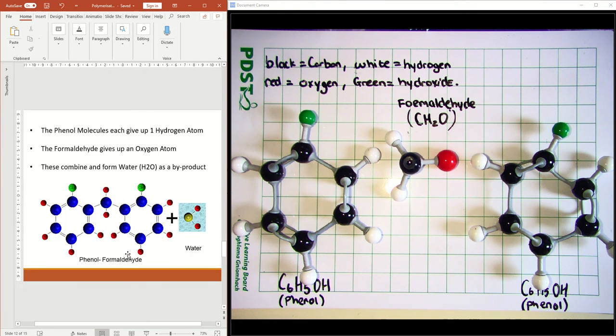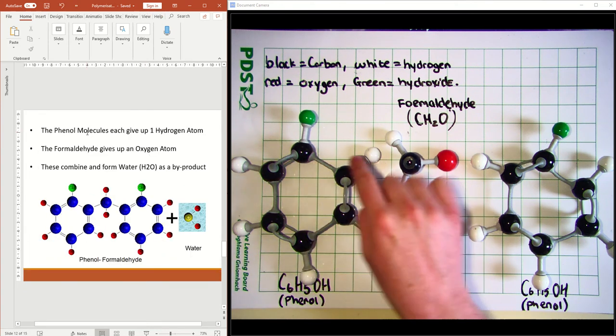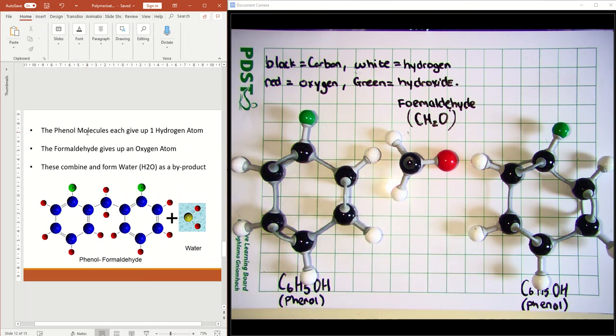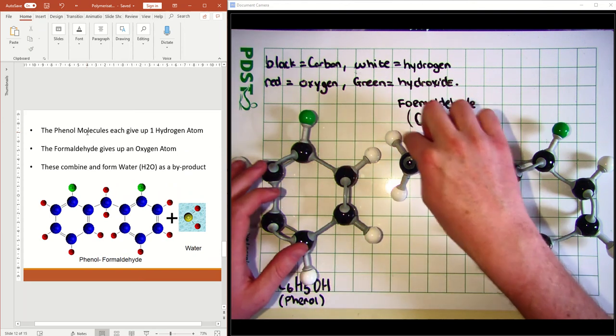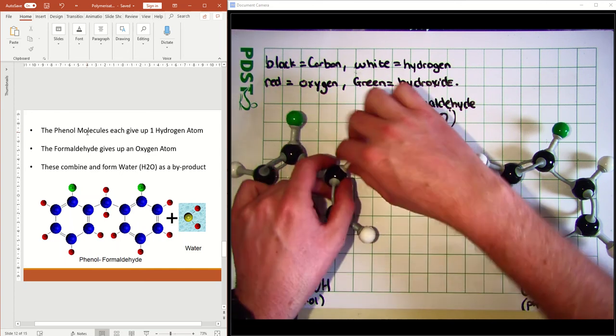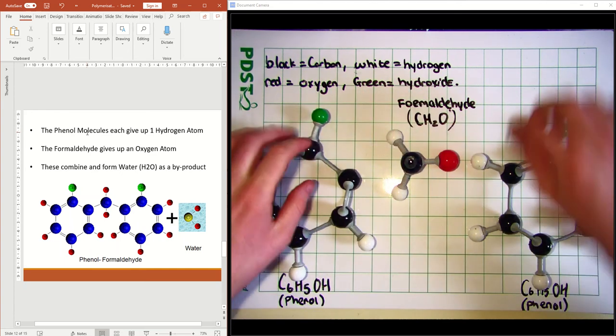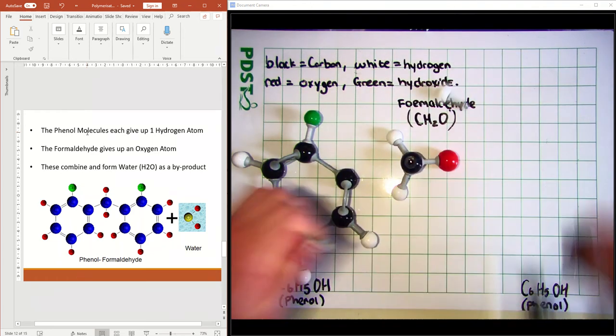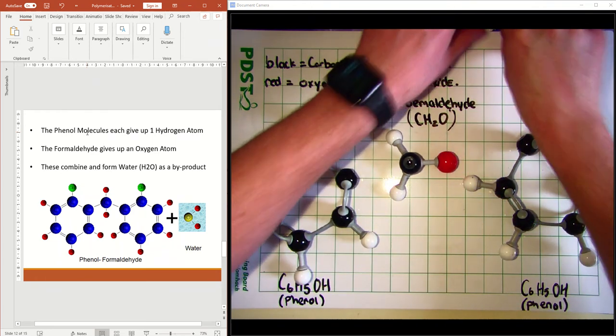So bringing that down here, the phenol molecules are each going to give up 1 hydrogen atom, and the formaldehyde is going to give up an oxygen atom. Okay, so let's look at the phenol molecules first. We're saying that these are each giving up a hydrogen atom. So I'm going to take this hydrogen atom here, and I'm taking this one here. Okay, I'll just put them up there.